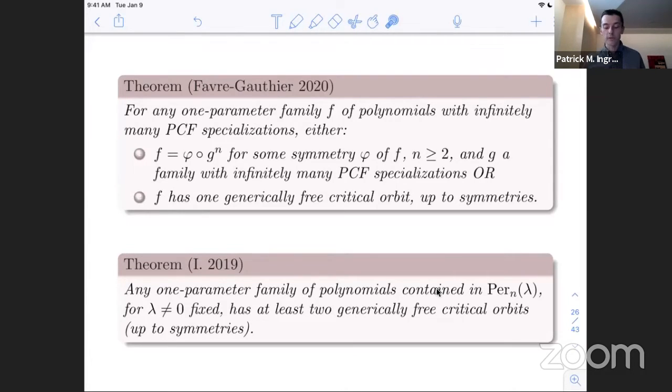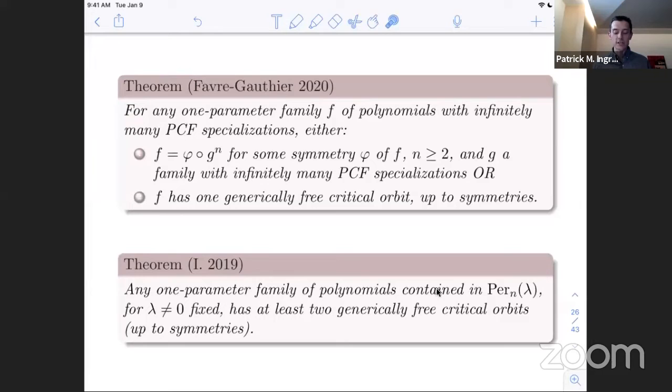I'll just mention briefly, without going into all the technical details, that they give a complete characterization of one-parameter families of polynomials which can have infinitely many post-critically finite specializations. And so this first condition basically says your family is more or less an iterate of a family that also has that property. So the first condition in some sense reduces you to the second condition.